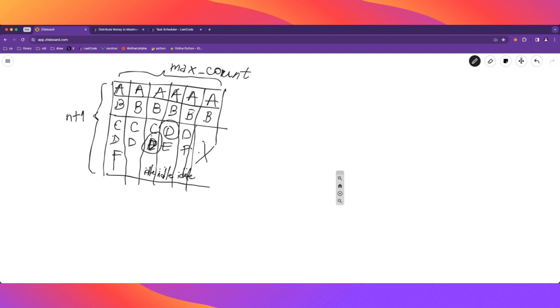So now we have to count the size of this thing, which is what we had here.